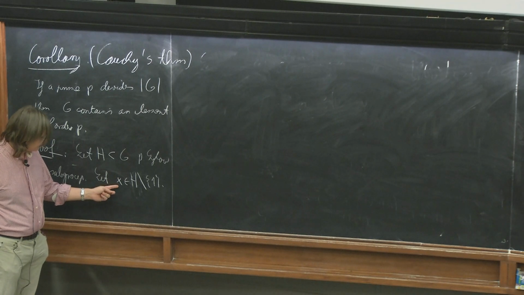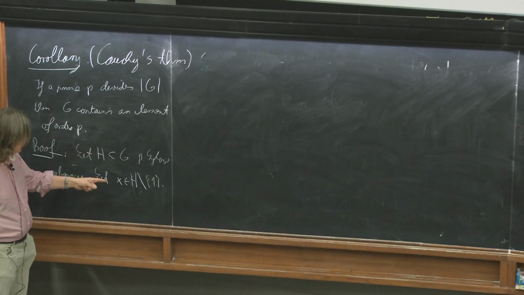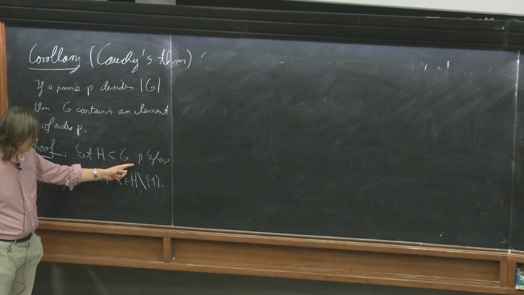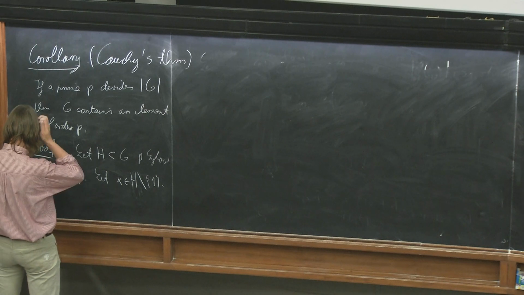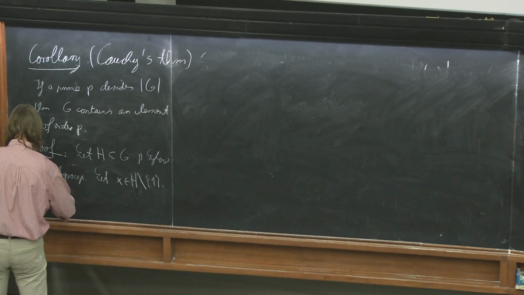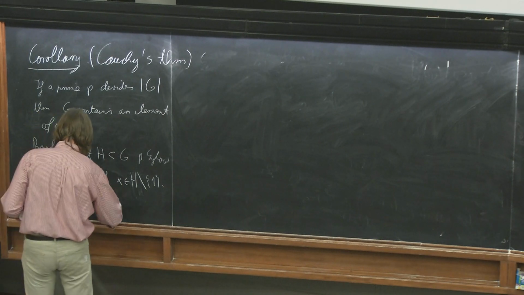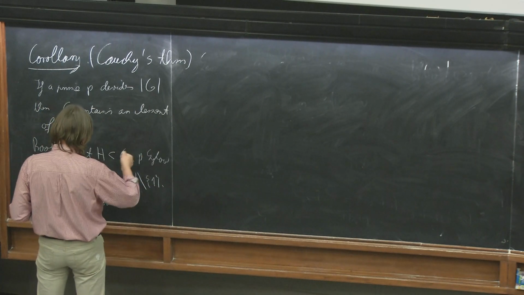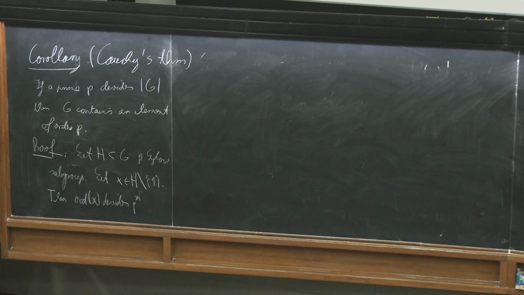So we can look at the subgroup generated by it. It's a subgroup of G. So its order must divide the order of the p-Sylow subgroup. So it must be a power of p. So then the order of x divides p to the m, if the order of G is p to the m times r.